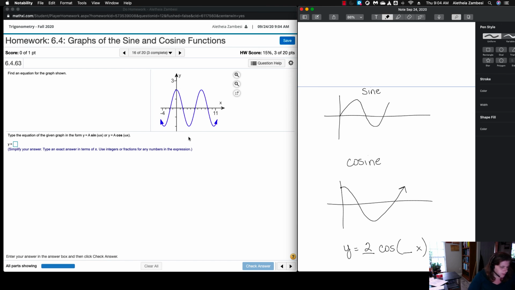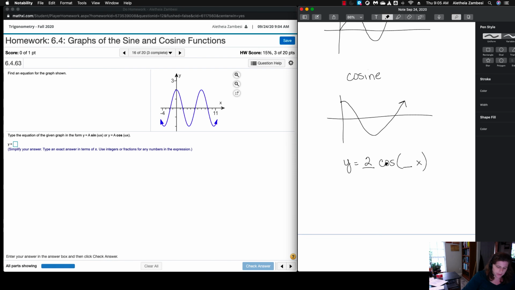Now, if I am looking for omega, I have to figure out where this function is actually recycling. So how big is the period itself? Notice that I'm not in units of pi here. Remember that your period is equal to 2 pi divided by omega.